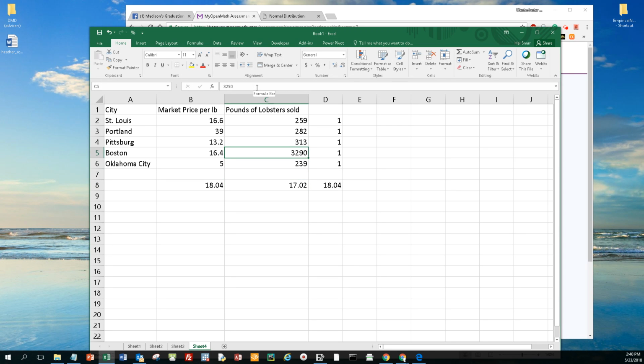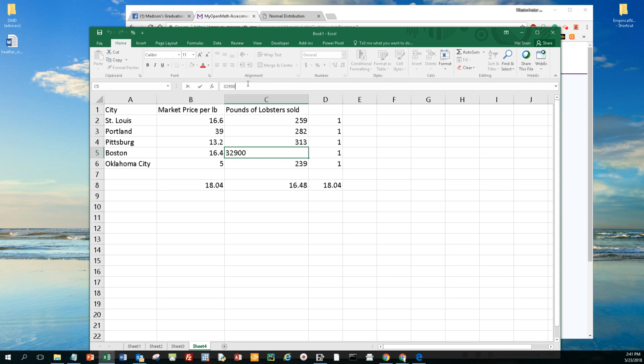Because of the people that eat lobster, most of that consumption is in Boston, which has a low price of 16.4. So that pulls the average down below the average price per city. If I increase this to 32,900, you can see the average is pulled even further down. And it's being pulled down to Boston's market price.